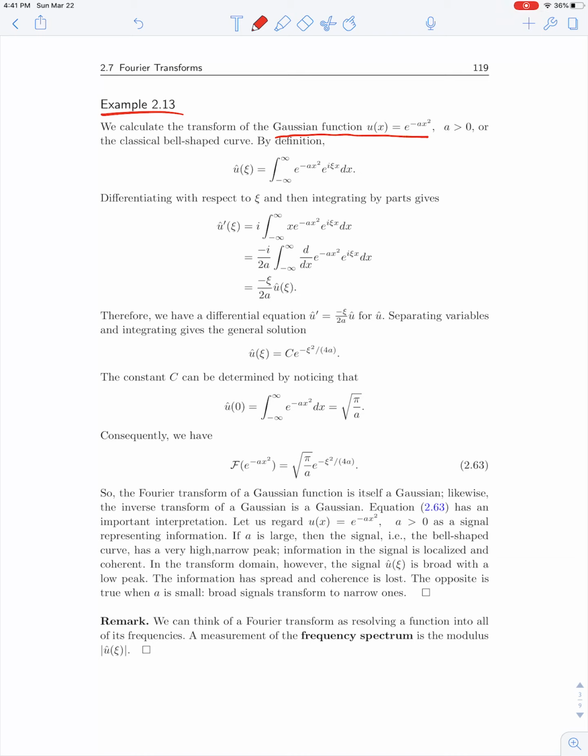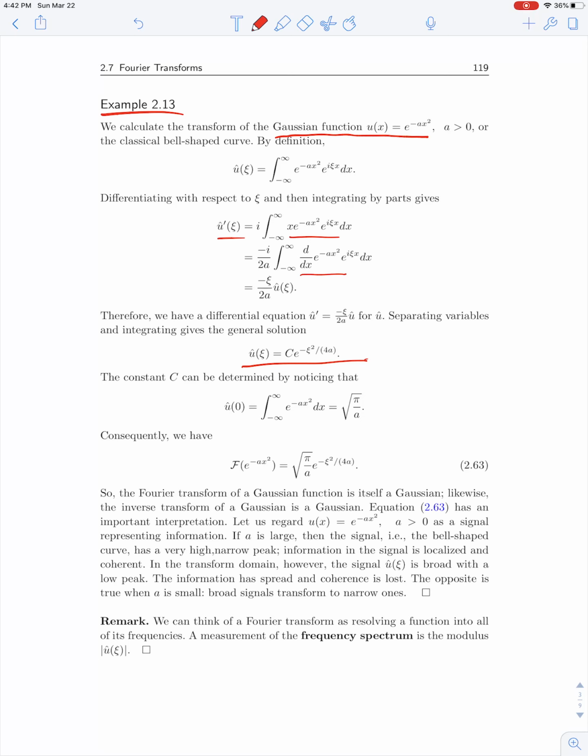But here they do the computation by reducing it to a differential equation. They differentiate this, and then you take the differentiation inside the integral. And then therefore you have this, and this becomes this, and these are the same, and then you convert this to an ODE, and you solve this ODE, and the solution is this.